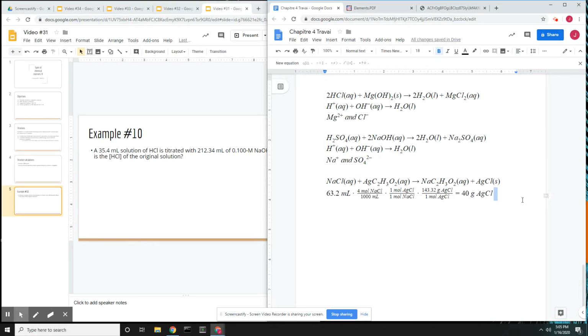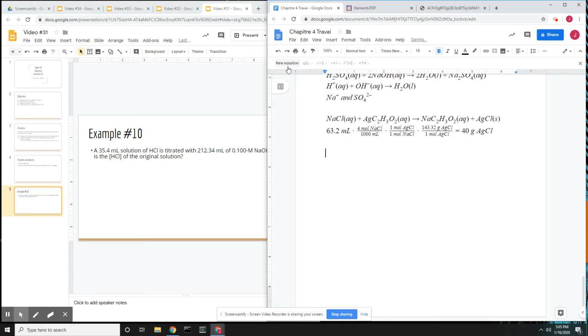So this is a stoichiometry calculation, which means that you need a balanced chemical equation before you can do anything. So I am looking for HCl concentration, which means that I want moles of HCl over liters of HCl.